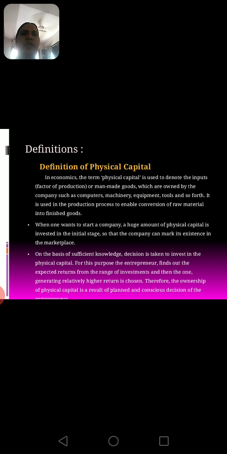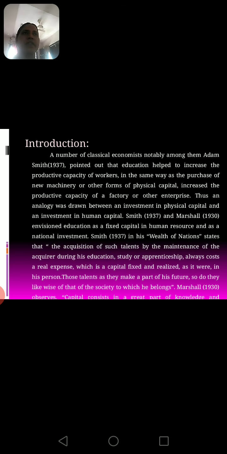In the introduction, a number of classical economists, notably among them Adam Smith, pointed out that education helped to increase the productive capacity of workers in the same way as the purchase of new machinery and other forms of physical capital increased the productive capacity of a factory or other enterprise.